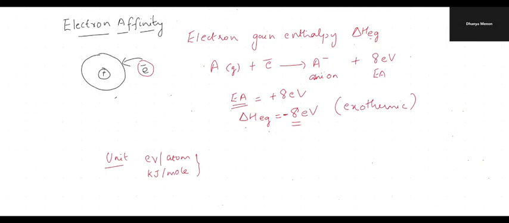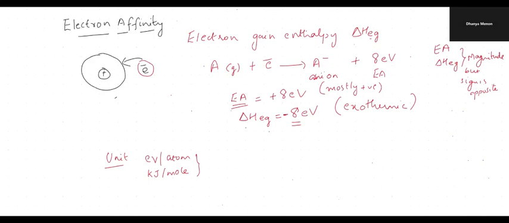So electron affinity and electron gain enthalpy have the same magnitude but opposite signs. Electron affinity will mostly be positive. We will learn this with an example now.